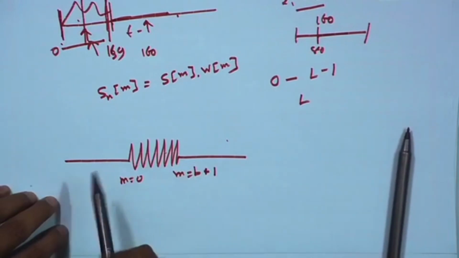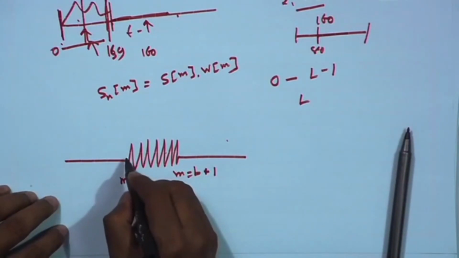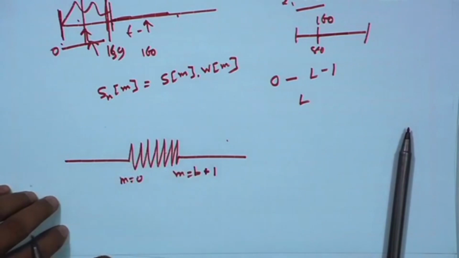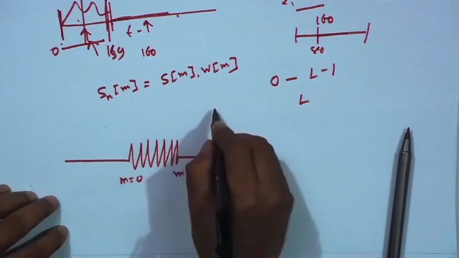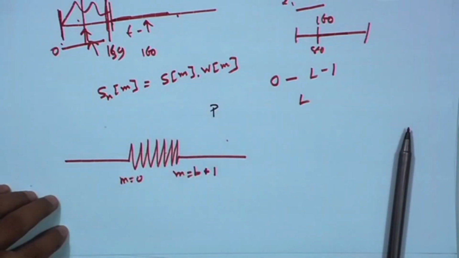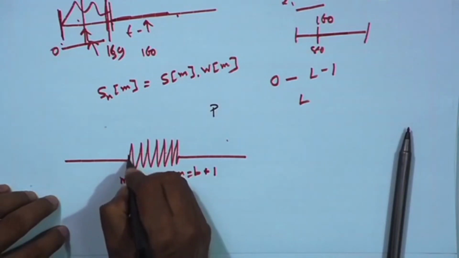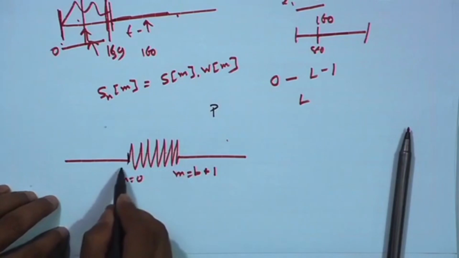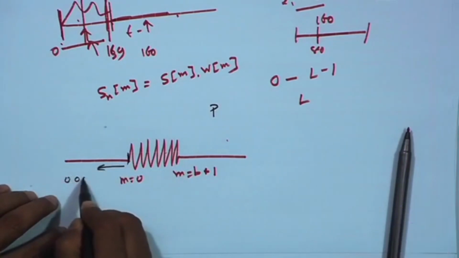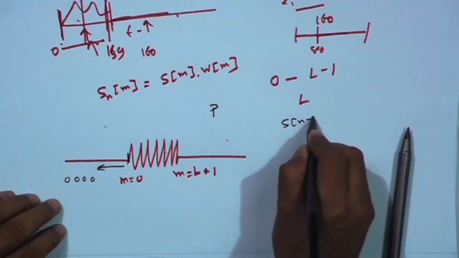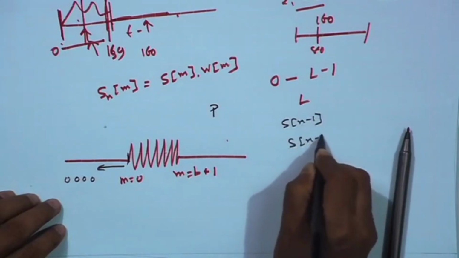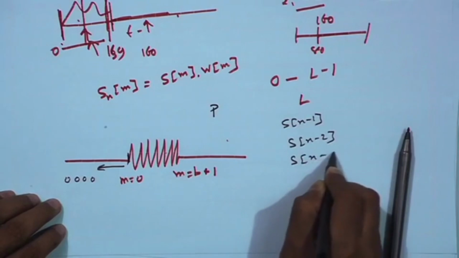Now, in linear prediction I predict the current sample from the previous samples. If I take a p point predictor alpha 1, alpha 2, up to alpha p, suppose I want to predict the first sample in the window. What are the previous samples? All are 0. So, S(n minus 1), S(n minus 2), up to S(n minus p) are all 0.